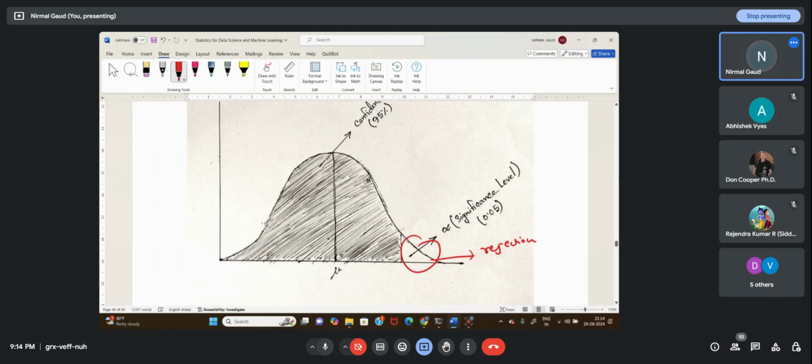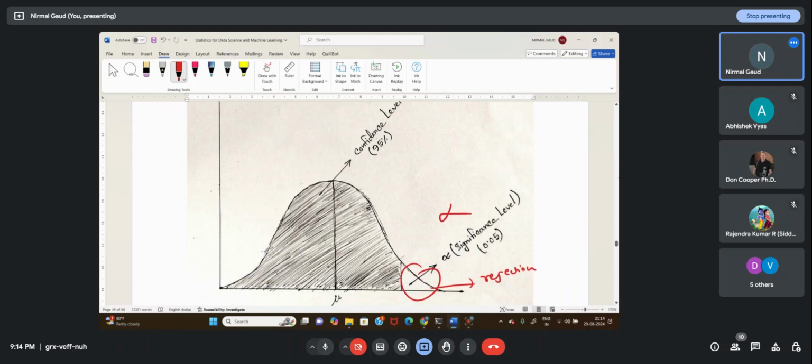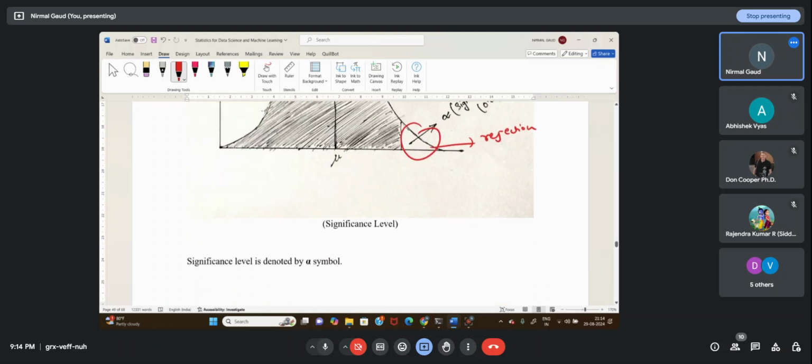This is the significance level, denoted by alpha. So 95% confidence, that means here. Okay, 5% outside. You may have 10% significance also. It's not mandatory that 95 is a final value. No, these are the reference values. You may have it like this also.